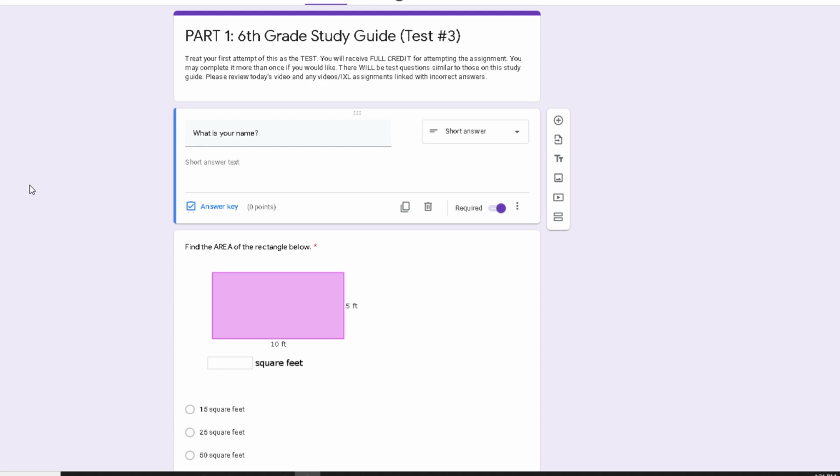Could be a little more, could be a little less. The questions are going to be very similar to the study guide, but if anything, the test will be a little bit easier than the study guides as well. So if you did really well on it, you're probably in good shape for the test. Okay, if you did really well on both parts.